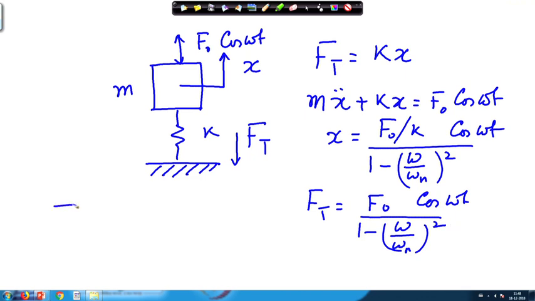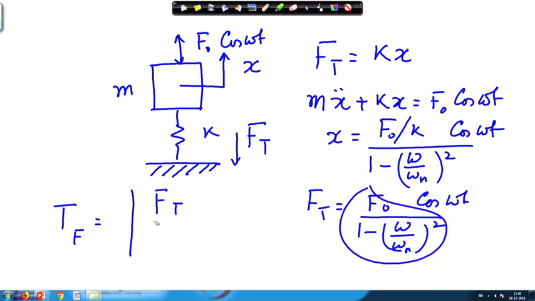Now, the force transmissibility T f is defined as the magnitude, that is the amplitude of the force transmission, divided by this force F naught, and it is seen to be equal to 1 divided by 1 minus r square.